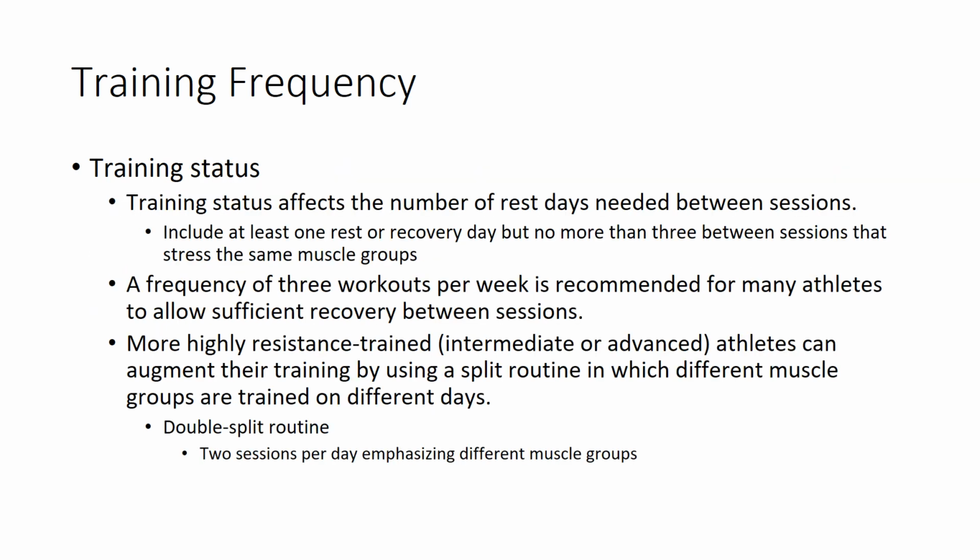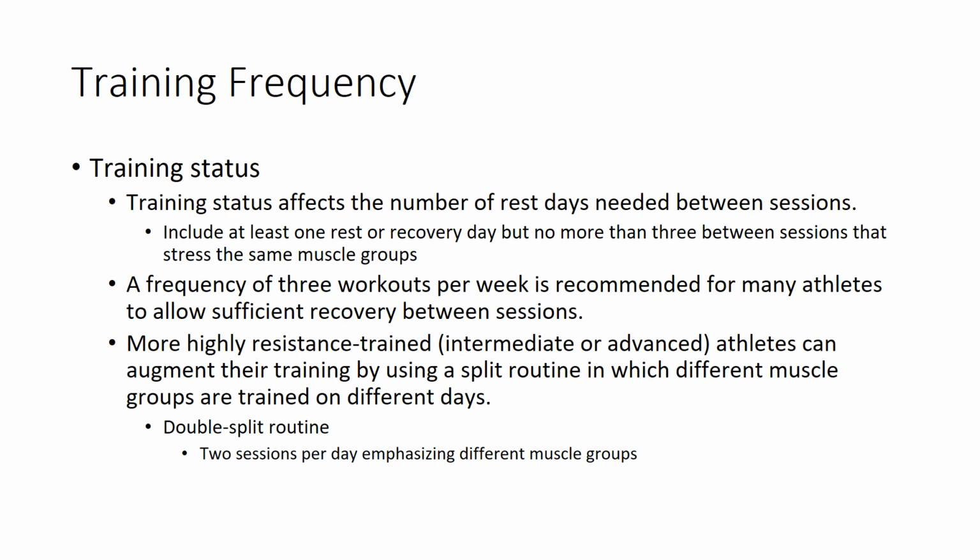The training status is a factor in determining the training frequency for that athlete. Traditionally, 3 workouts per week are recommended for most athletes because the intervening days allow sufficient recovery between sessions. As an athlete adapts to the training and becomes better conditioned, due to overload and progression, it is appropriate to consider increasing the number of training days for more adaptation.